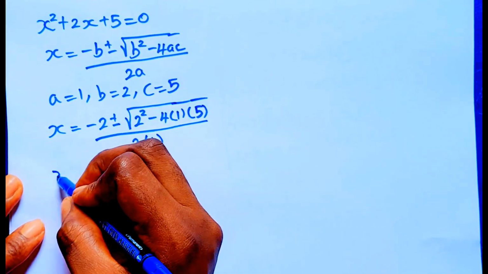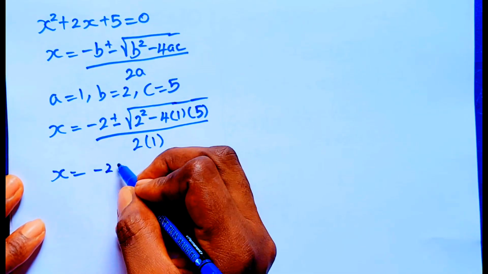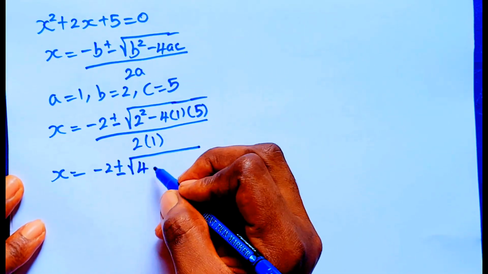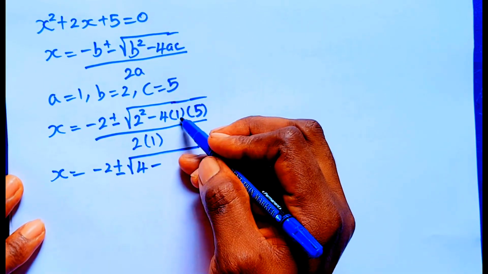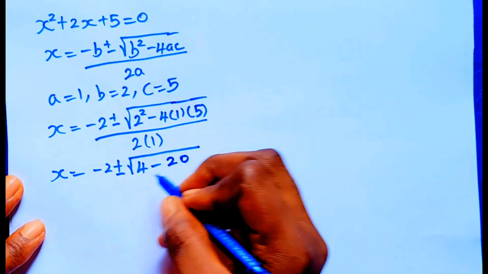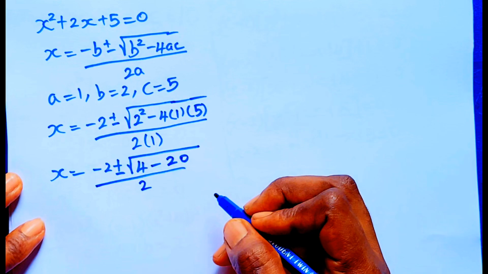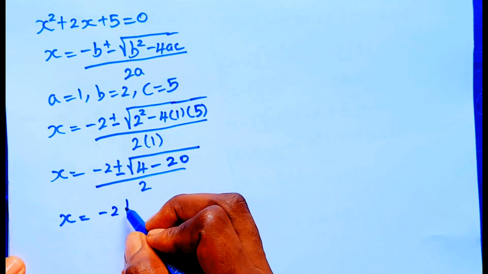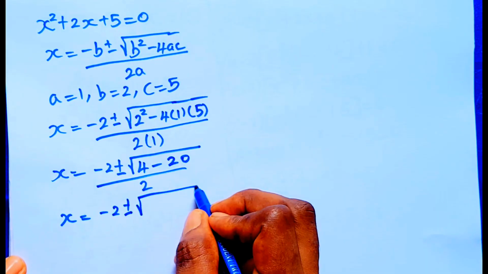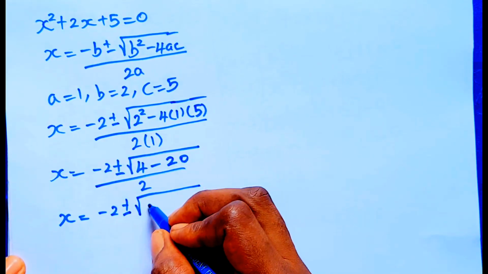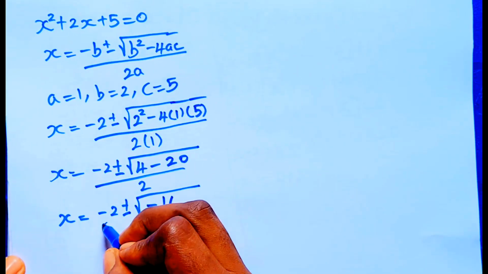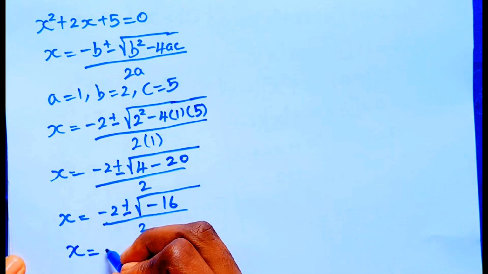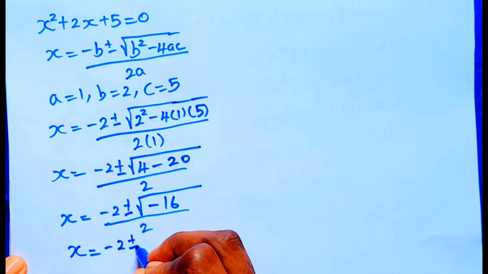So from here we have x equal to minus 2 plus or minus the square root of 2 squared equals 4, minus 4 times 1 is 4, 4 times 5 equals 20, divide by 2 times 1 is 2. So from here we have x equal to minus 2 plus or minus the square root of 4 minus 20 equals minus 16. Then divide by 2.